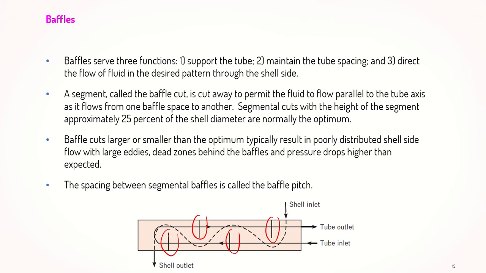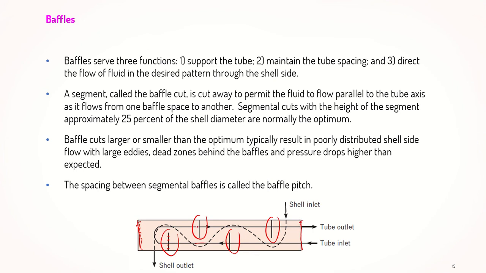If you look closely, you will see that the baffle actually has holes drilled into it, and it holds the tube securely. It's a bit similar to the tube sheet, but in this case, since this is a U-shaped tube, we only have one tube sheet here.